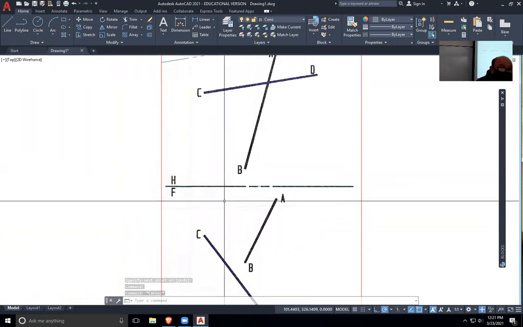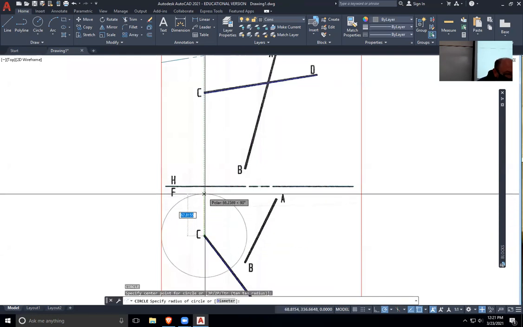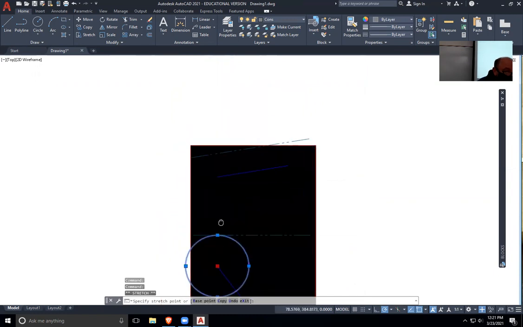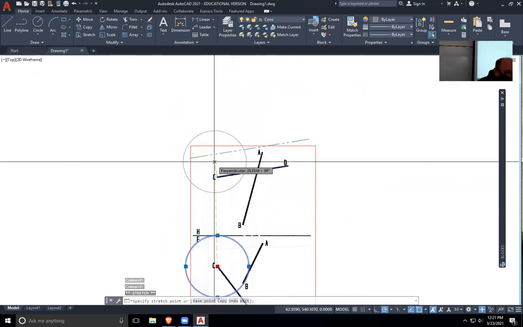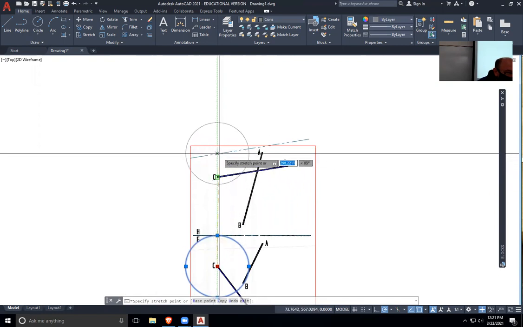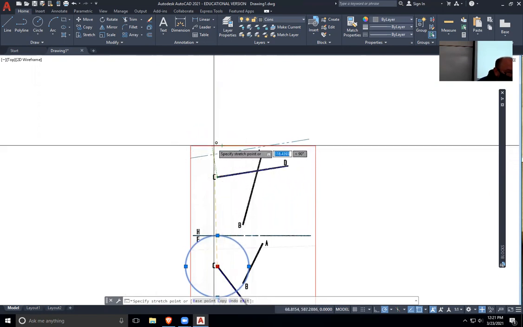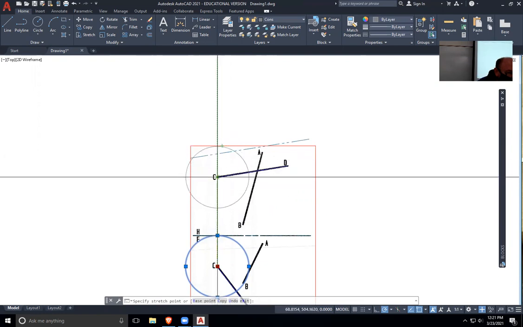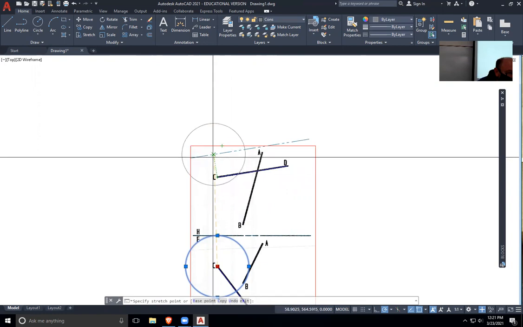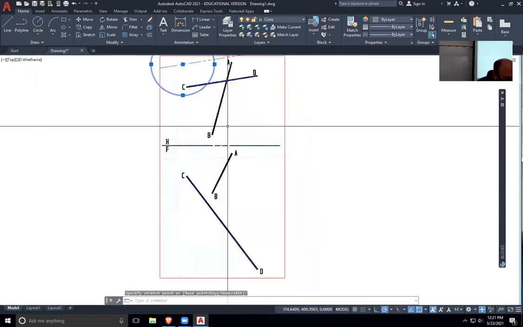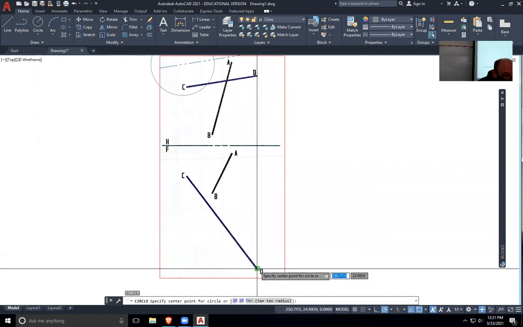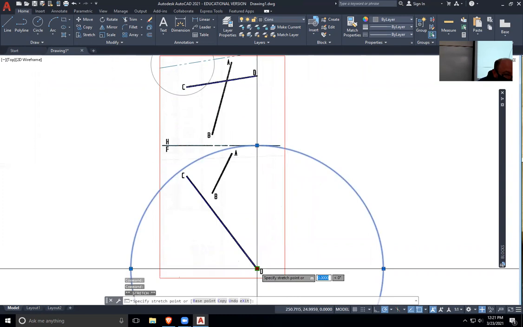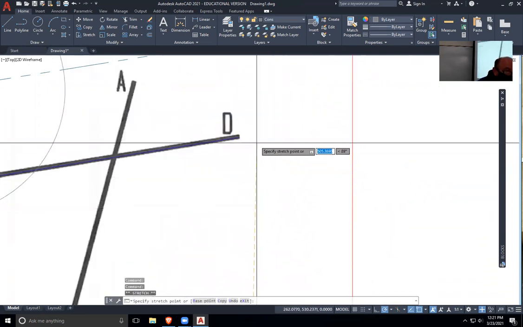Okay. So now this guy here can project perpendicular. Get perpendicular. Oh, I saw it. There. That was probably more work than it was worth. And then B. Nice big perpendicular.